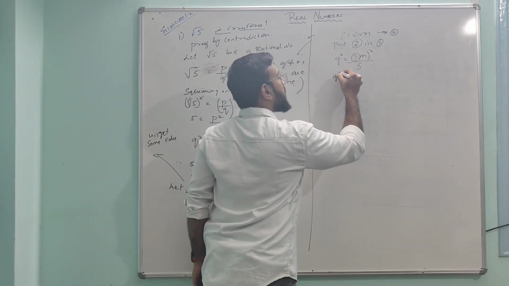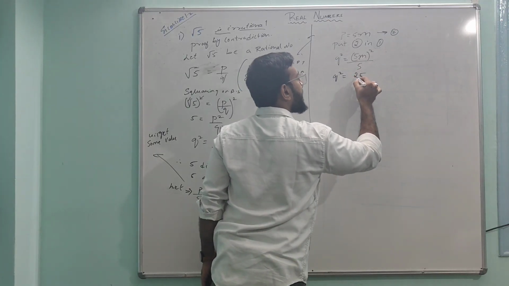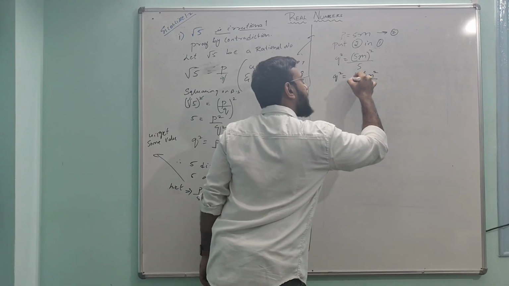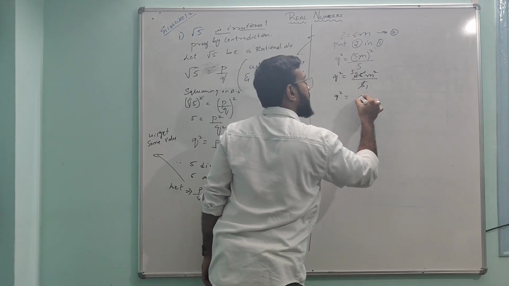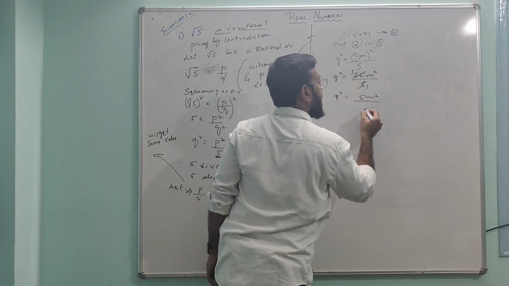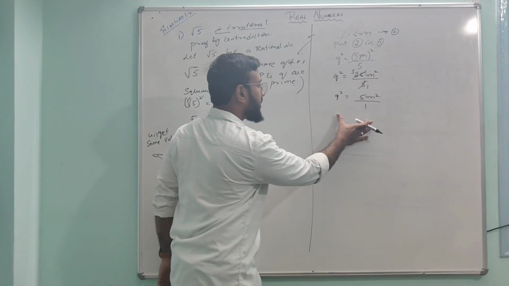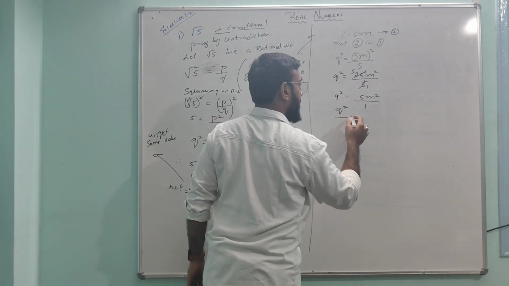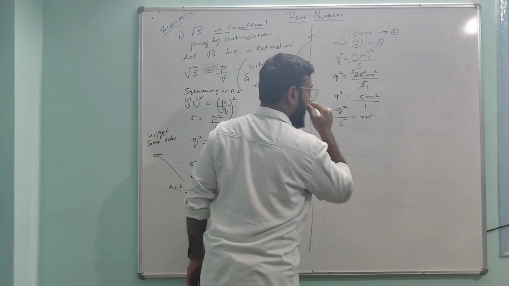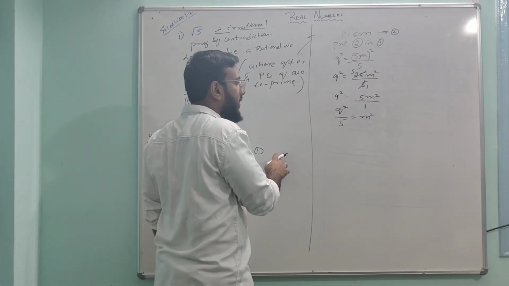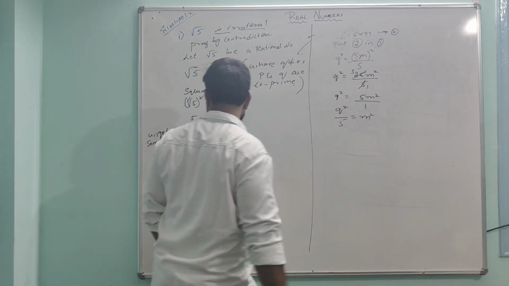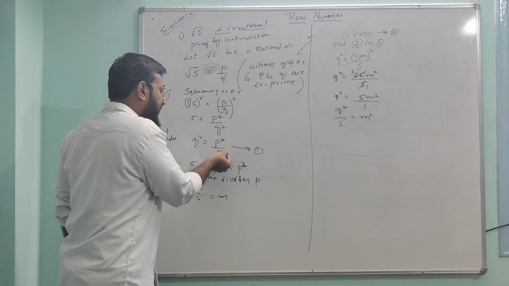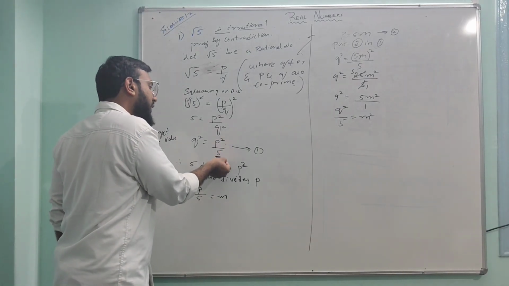Further, if you solve this, q square is equal to 5 5s are 25 m square upon 5. 5 1s are 5, 5 5s are 25. q square is equal to 5m square by 1. Further, how can we solve this? q square upon 5 is equal to m square. If you observe this, 5 divides p square, 5 also divides p.